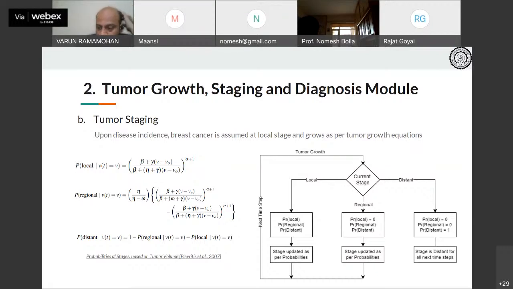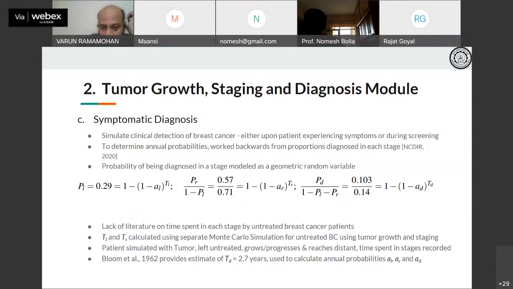The reason is that once somebody is diagnosed, it is unethical to not treat them, right? So there is very little data available, and what data there is is actually from the 1920s, 1930s, and so on, for the amount of time that somebody spends in these stages without treatment. So we have to use this way to estimate the T values, right?